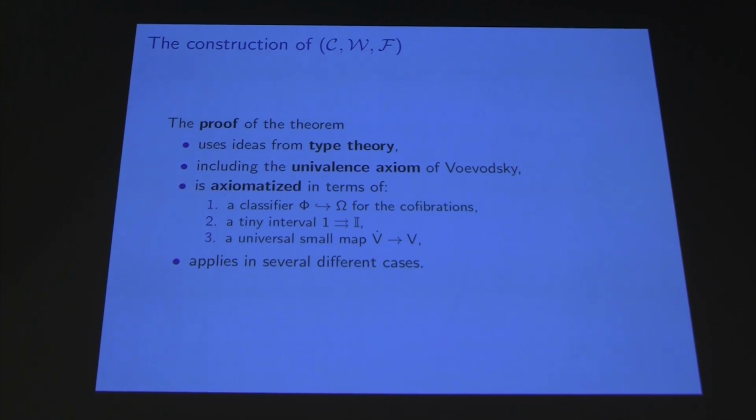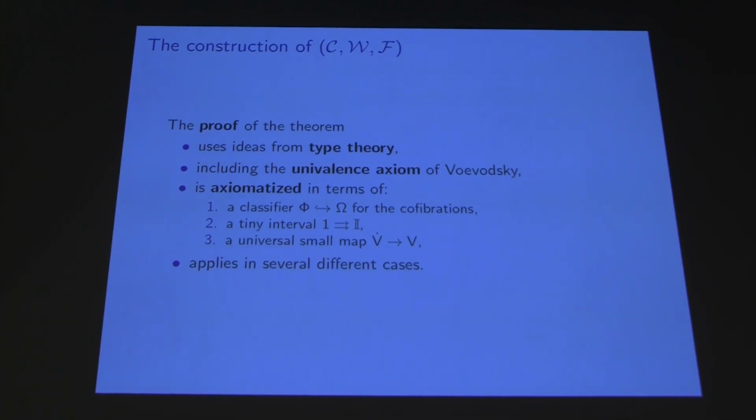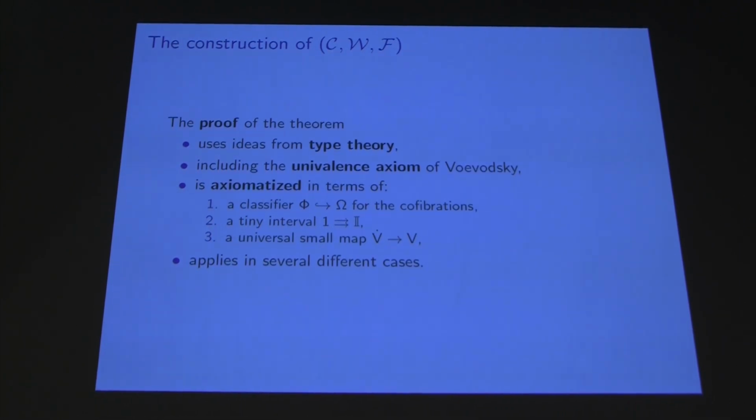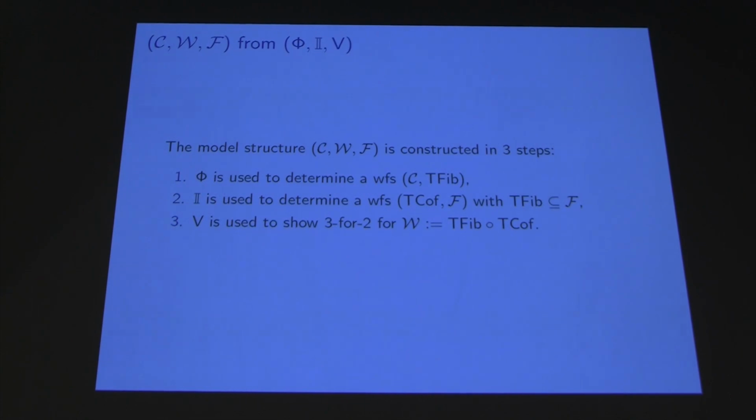And then having axiomatized this setup and given the proof axiomatically, we can of course apply it in several different cases that I won't have time to mention, but we've made use of the fact that this is kind of parametric in some of the structure. So the actual construction goes in 3 steps.